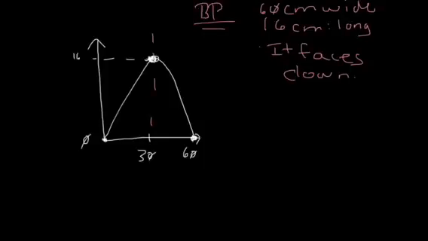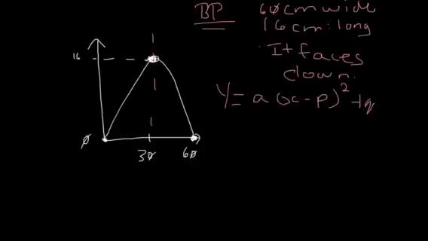So now that we have this written out graphically, we need to write down the equation. So again, the standard equation for a parabola is y equals a(x minus p) squared plus q. So that's our equation.